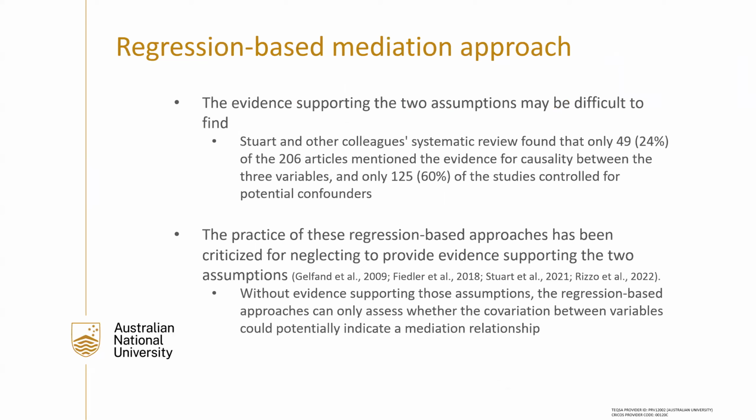However, the evidence supporting the two assumptions can be difficult to find, and sometimes, even though we take efforts to search for this evidence, it's still hard to find. This leads to a dilemma in the practice of this mediation approach. According to a systematic review on the quality of these mediation studies in psychology, we found that only 24% of these studies mention the evidence for causality between variables, and only 60% mention the controls for potential confounders.